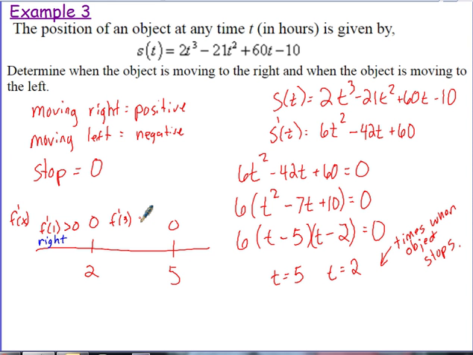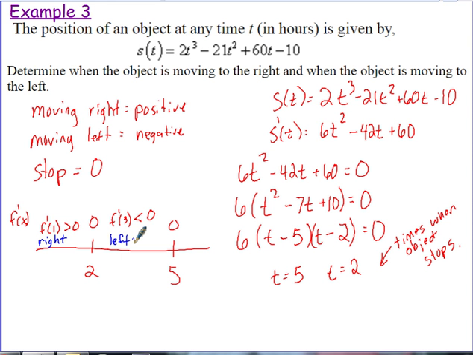So 6 times 3 squared minus 42 times 3 plus 60. 72 is positive? Yeah. Negative 12. So then this is less than 0, so it is negative. So then what does that tell me? It's going left.